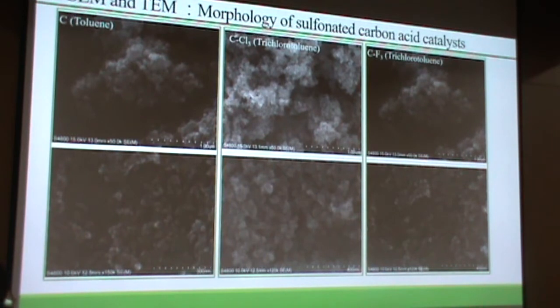And this is the SEM analysis of the carbon obtained from the plasma technology.